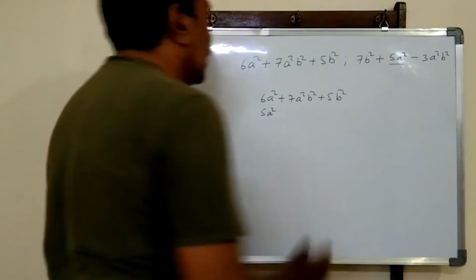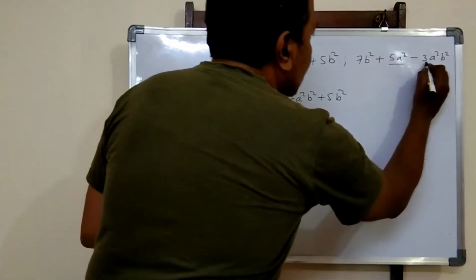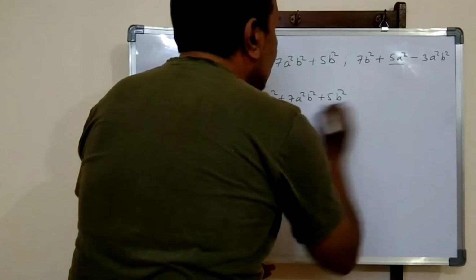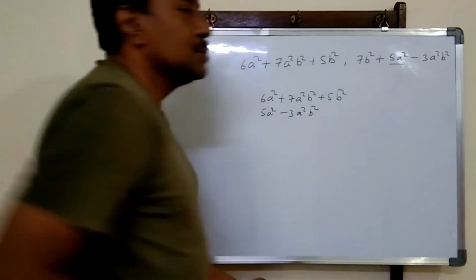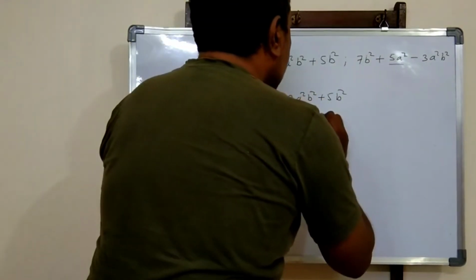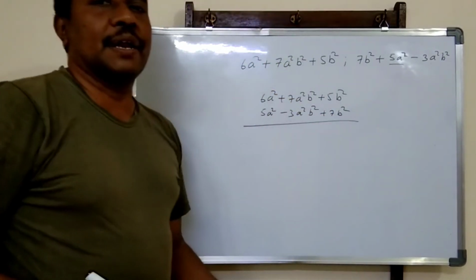Next, 7a square b square and 3a square b square are both like terms, so I write minus 3a square b square under 7a square b square. And the next one is 7b square. Like this you have to arrange.